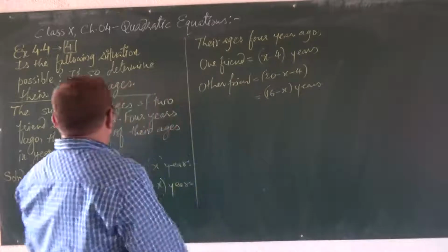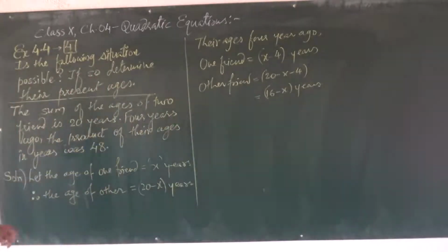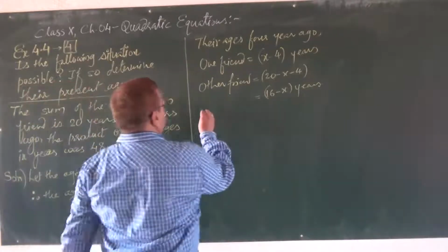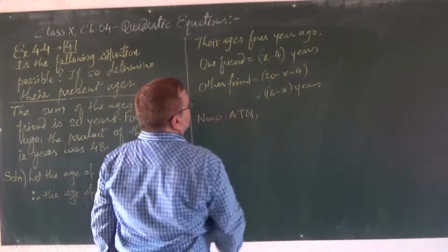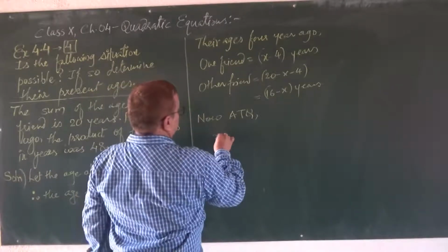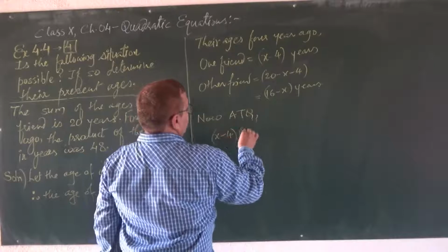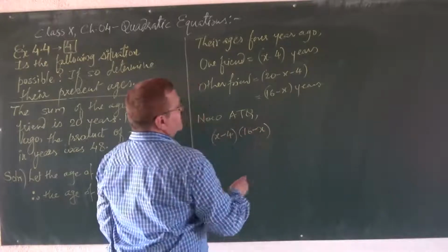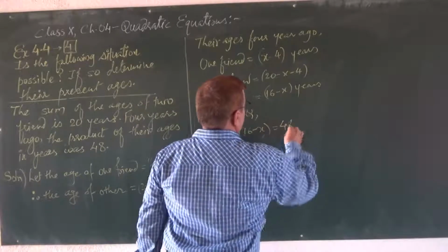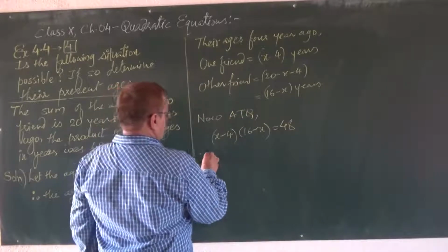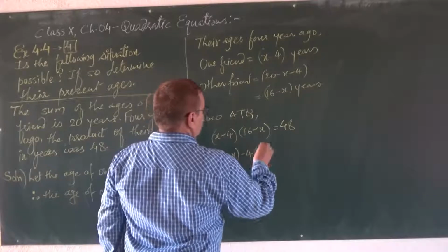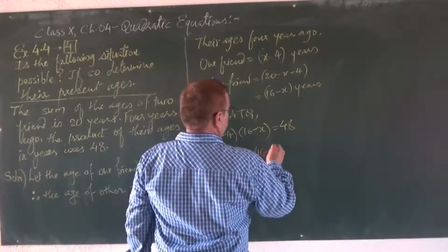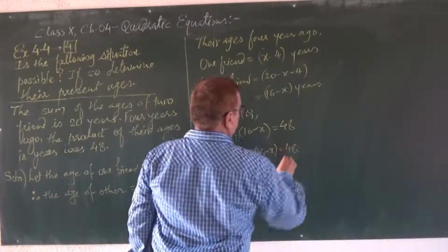Now it is given that 4 years ago the product of their ages in years was 48. Now, according to the question, the product of their ages, so x minus 4 into 16 minus x is 48. Solve this. So x into 16 minus x minus 4 into 16 minus x is equal to 48.